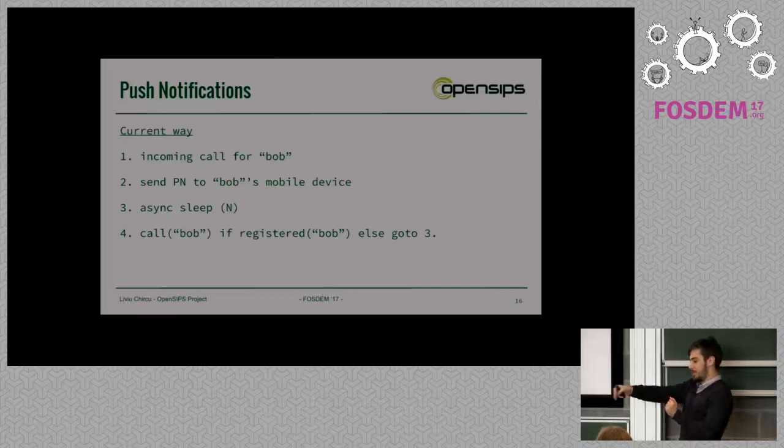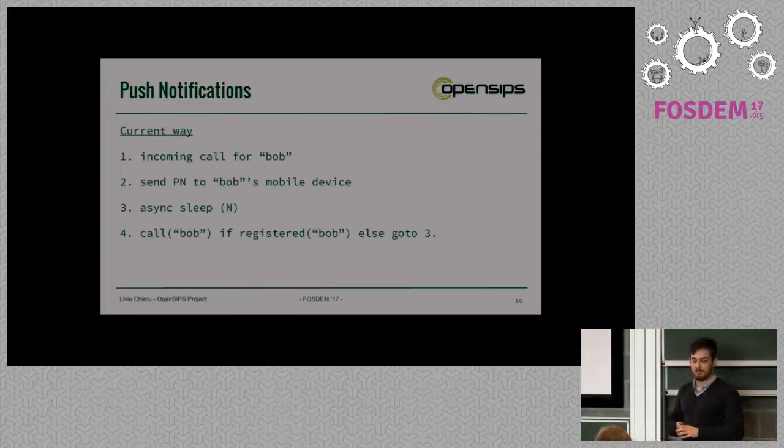You'd do it like this: the call arrives, we send a push notification, and then we do this sort of feedback loop where we asynchronously sleep and just poll. If he's registered, fine. If he's not registered yet, sleep some more. So yeah, this is a hackish way to do it, but it apparently works.